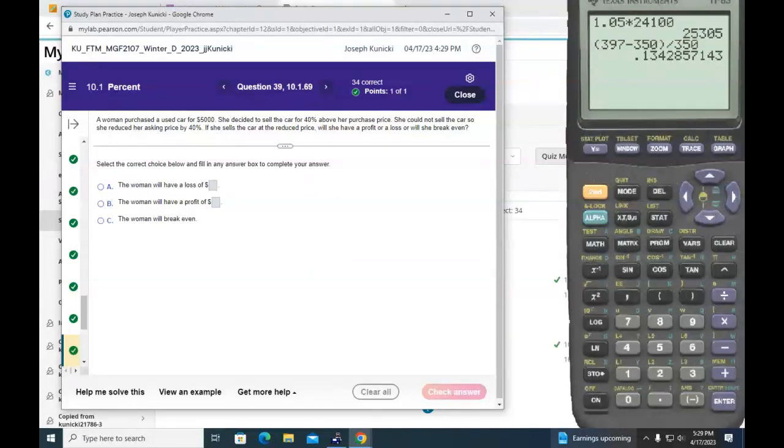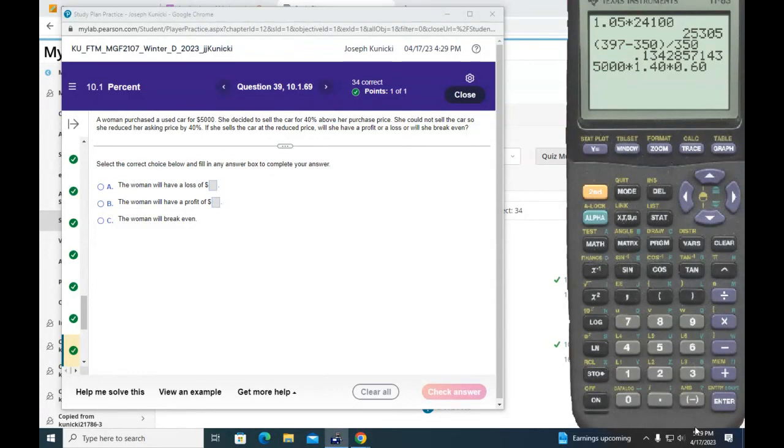Right. So you can do this in one swoop. Remember how we increased the salary by 5%? Well, I would increase the price by 40%, and then I would reduce it by 40%, which means I would multiply it by 60%. See, if I increase it by 40, I add 40 to 100.